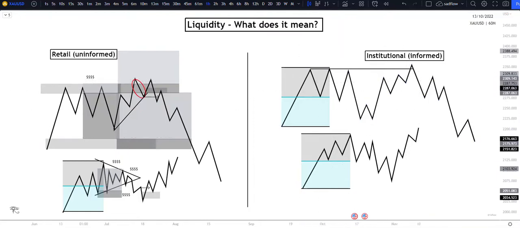We see the break of structure to the downside with displacement, meaning it's a large, very obvious candle that leaves an imbalance behind. We'll talk about that as well. And then we get that market structure shift showing us from bullish to then bearish. So now we have that area of supply. With the new introduction, we can look to short on and take it to the downside, targeting equal lows, targeting liquidity with the institutions.